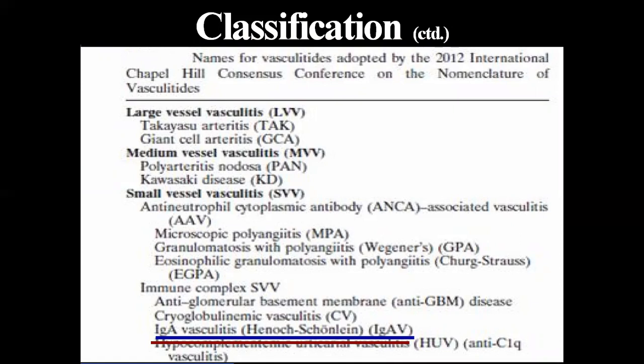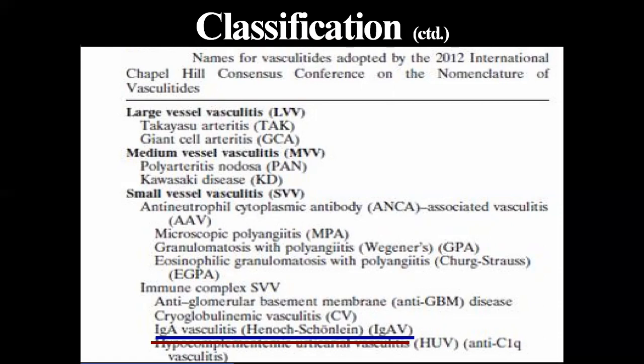Large vessel vasculitis has two types: Takayasu arteritis and giant cell arteritis. Medium vessel vasculitis includes polyarteritis nodosa, also PAN, and Kawasaki disease.